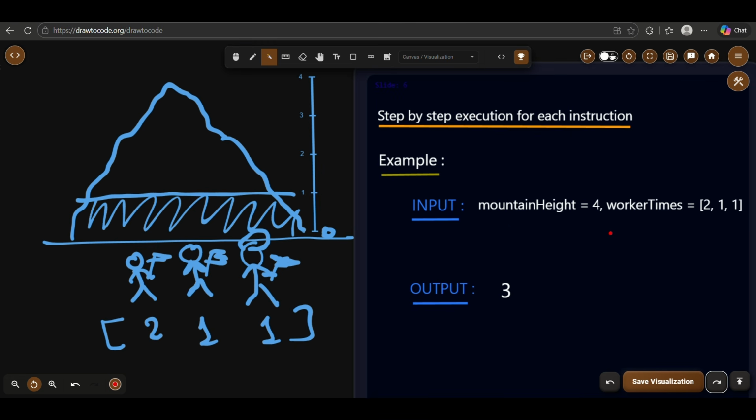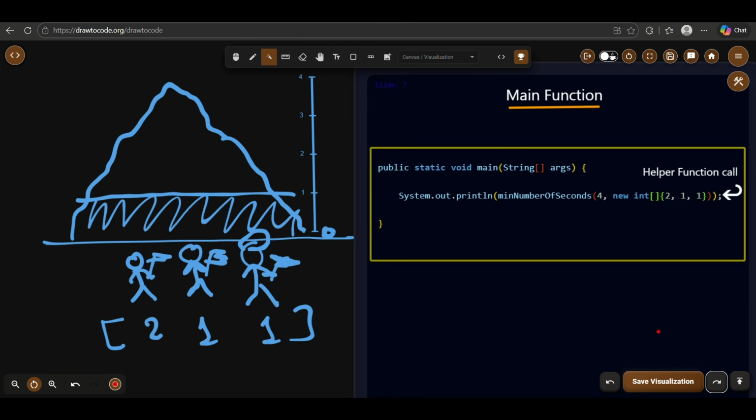Next, let's solve one example step by step so that we understand how we are solving this type of problem. In the main function, we are creating one function which is minimum number of seconds.